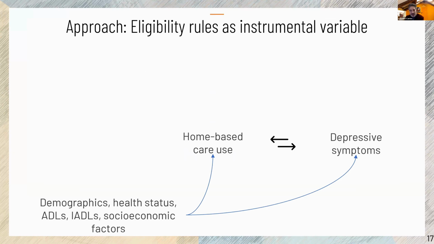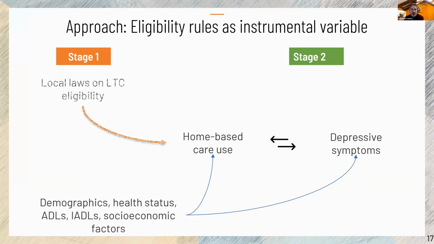So in this paper, we essentially take an instrumental variable approach. We want to find an exogenous reason for people to receive home-based care. And we believe that a good example of such an exogenous incentive comes from the legislation that regulates access to care.